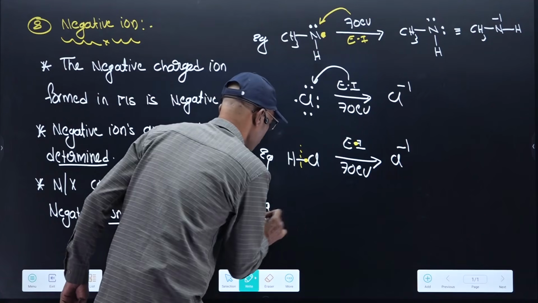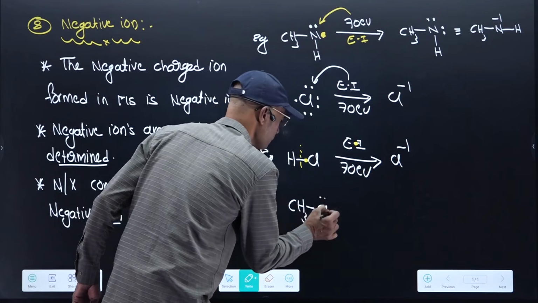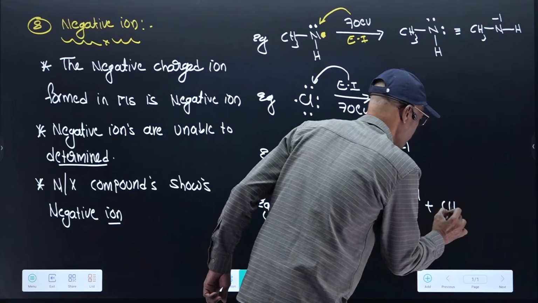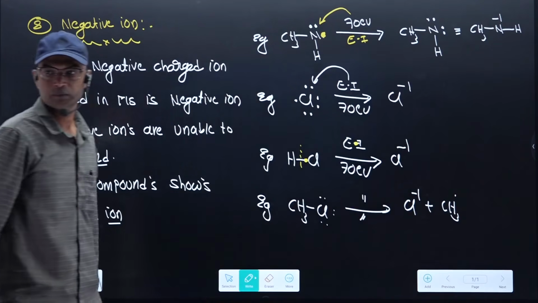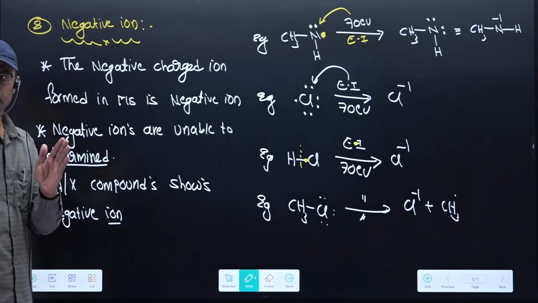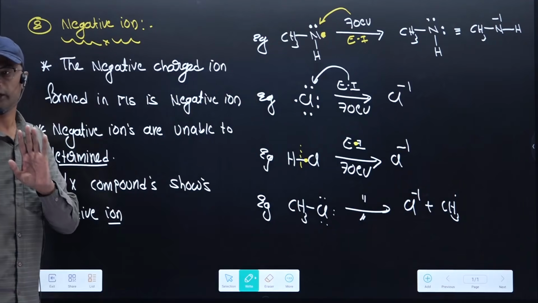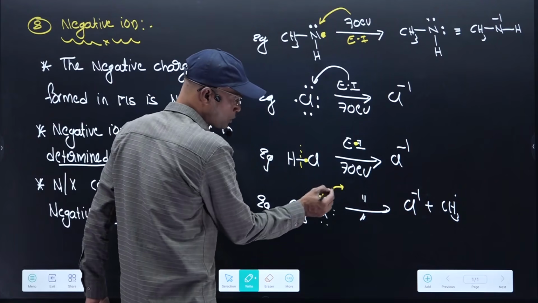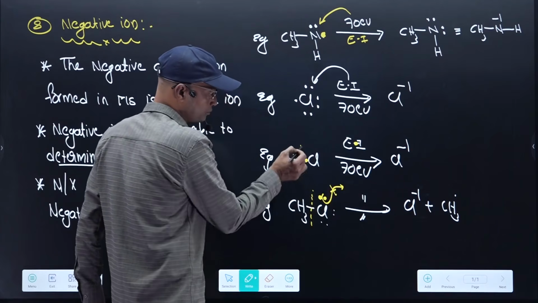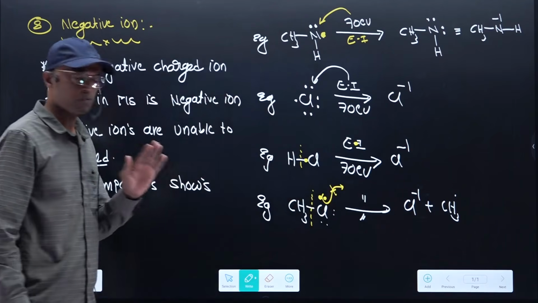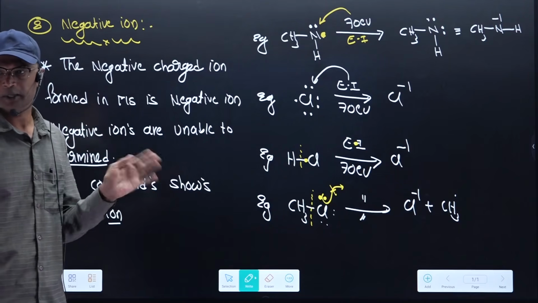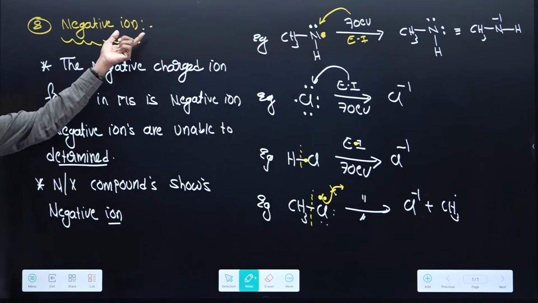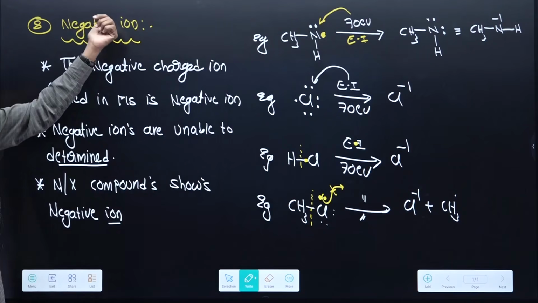Even from hydrocarbons the same process. Suppose CH3Cl. Now with electron impact, your ion is Cl minus and there is a loss of a CH3 radical. So what you observe every time is breaking and converting into the corresponding negative ion. This lone pair of electrons is not possible to remove. Now we are breaking over here. So this is very few, not an effective number. Very few ions will form like this. That's why we can neglect negative ions here. We can focus only on positive ions because it is a separate spectra.